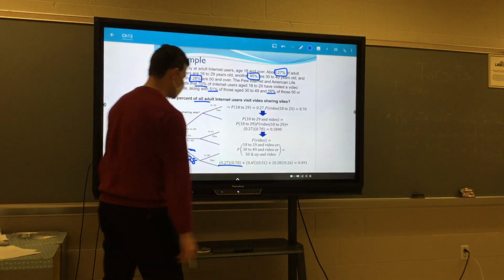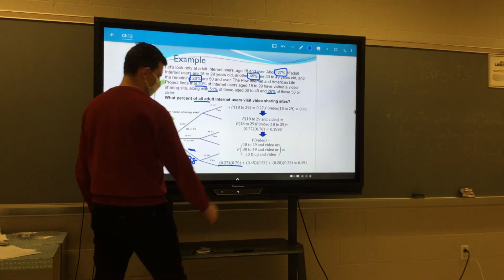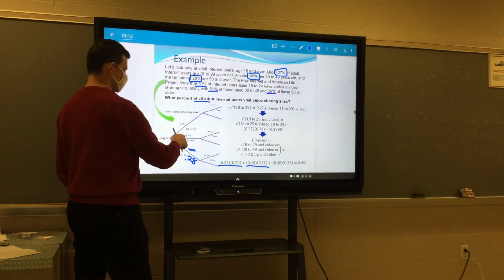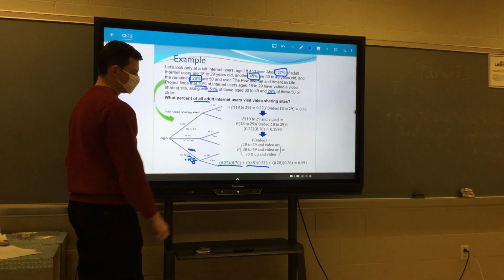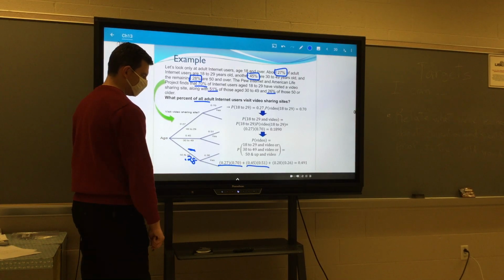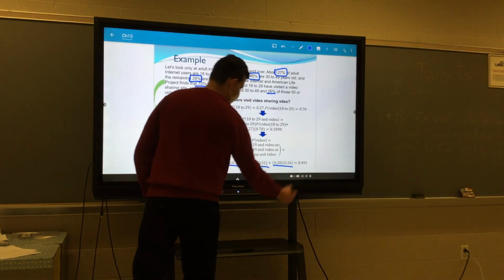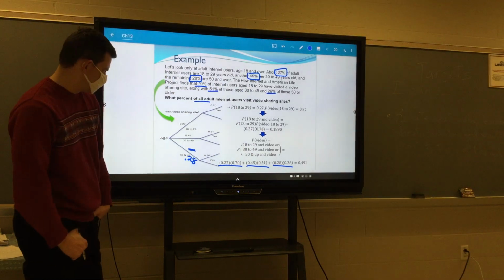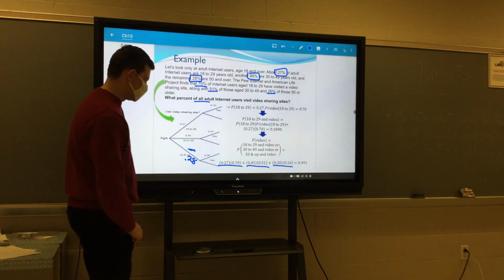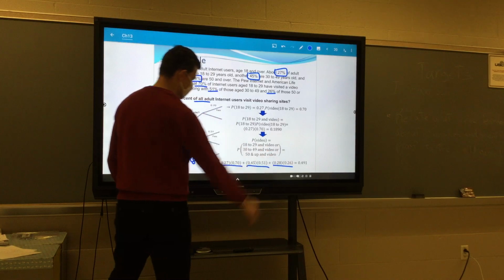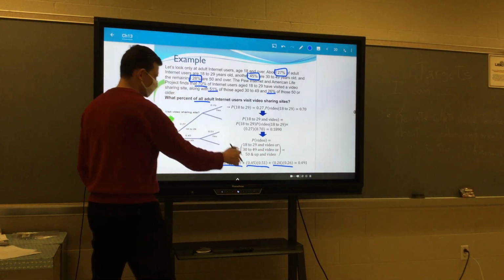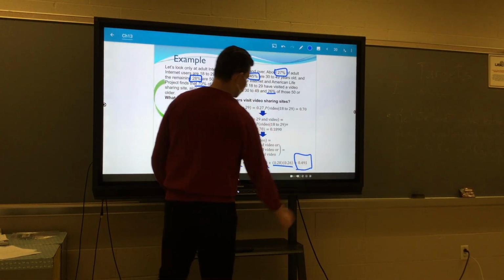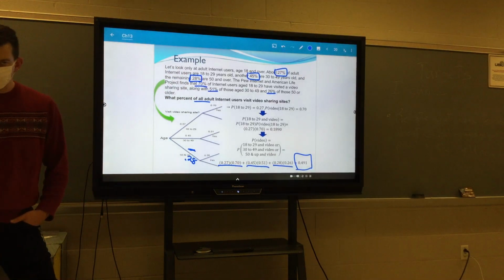Or means add, we add this on. 45% were in the middle age group, 51% of those answered yes, so multiply those two together. Or they're in the oldest age group. 28% there, 26% chance of them saying yes. Work this all out, you get an overall combined percentage of 49.1%.